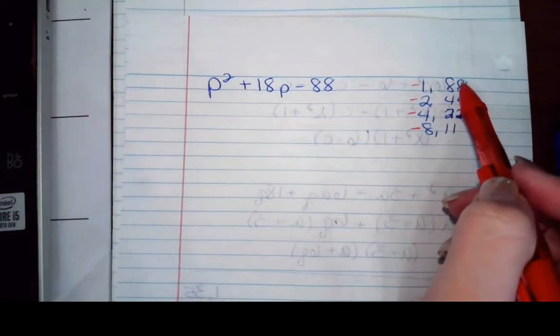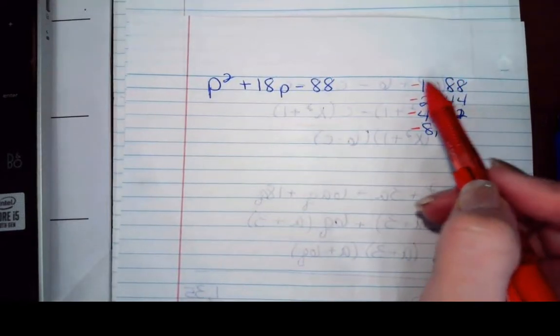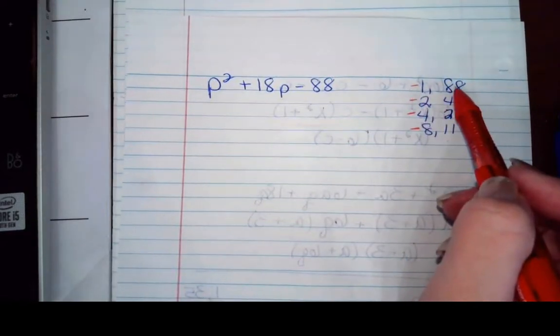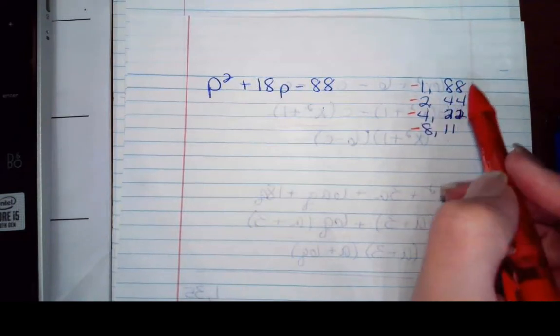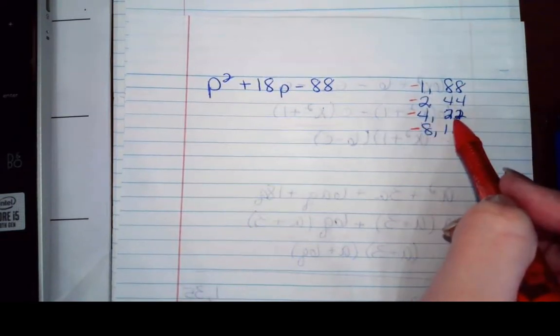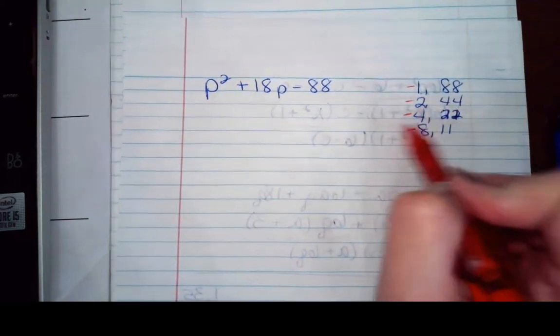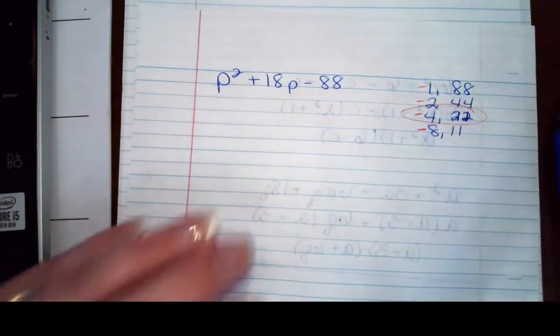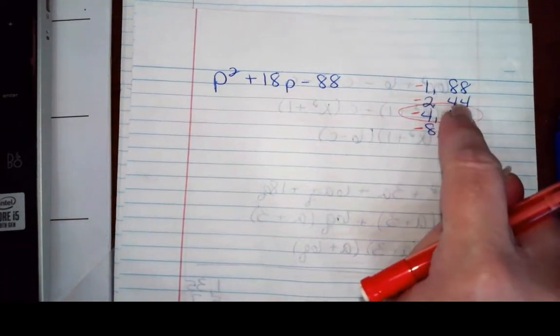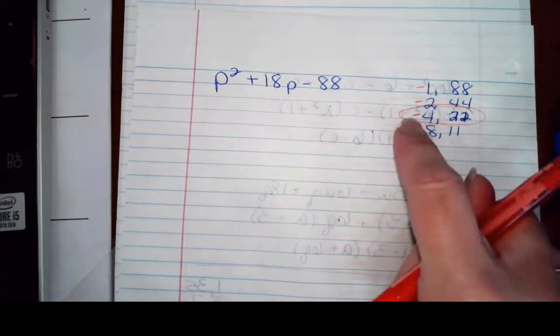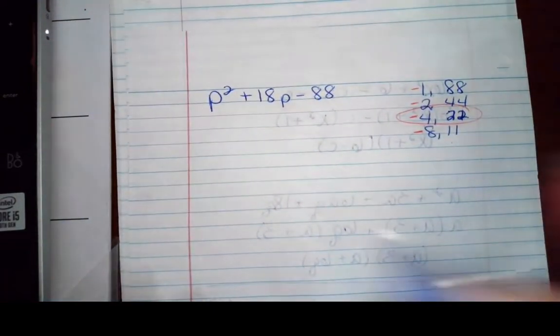Really what this just turned into is a subtraction problem, because negative 1 plus 88 is 87. Negative 2 plus 44 is 42. Negative 4 plus 22 is 18. There's your numbers. What did I mean when I said a subtraction problem? 88 minus 1, 44 minus 2, 22 minus 4, 11 minus 8, which didn't work.